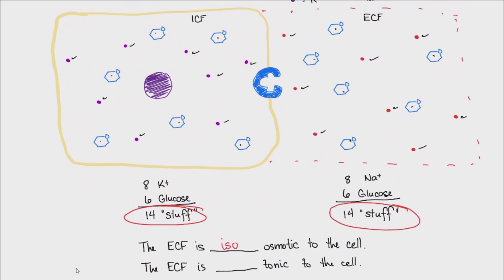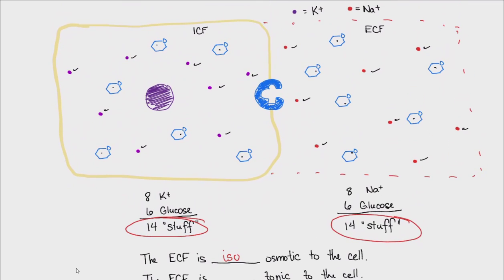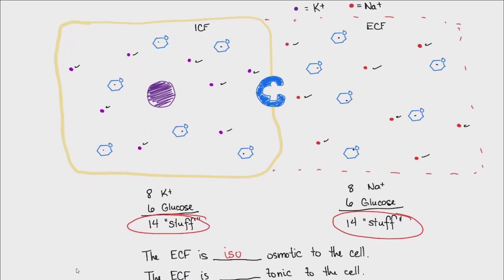And in order to predict that, we need to know which way solutes are going to move, if any. So you'll notice that by itself, neither potassium, sodium, or glucose can diffuse across the phospholipid bilayer. They are all going to need some help in transport. They're going to require some sort of protein-mediated transport if they move at all.